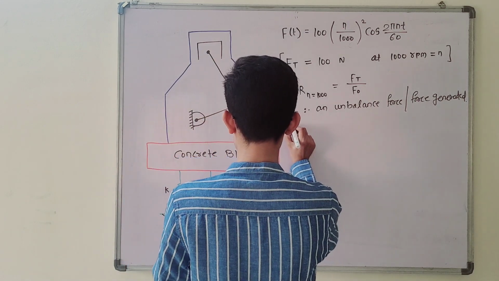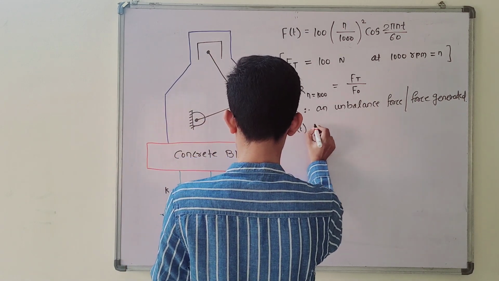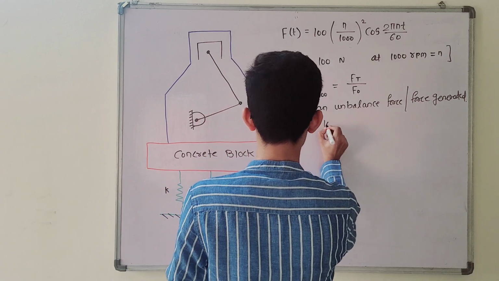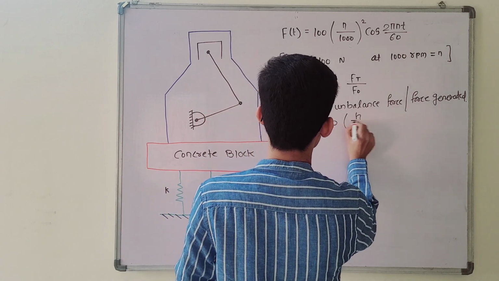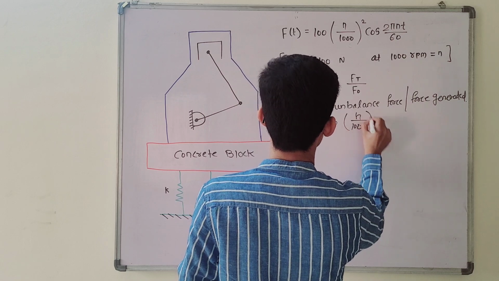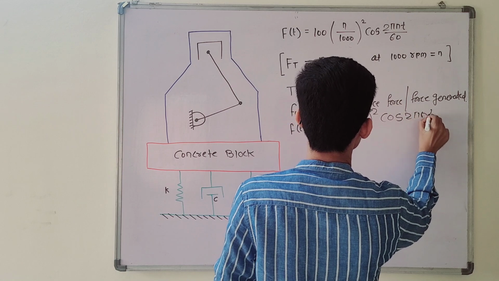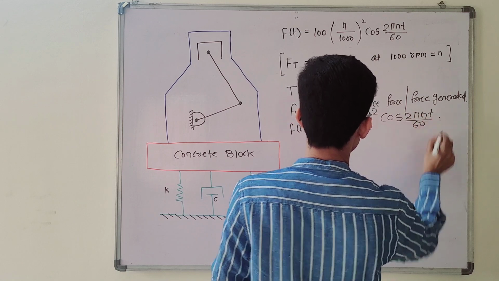Next, we will find f of t is equal to 100 times n divided by 1000, using this concept, or given data, cos of 2 pi n t divided by 60. Now look at it.